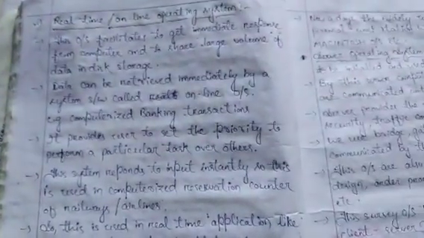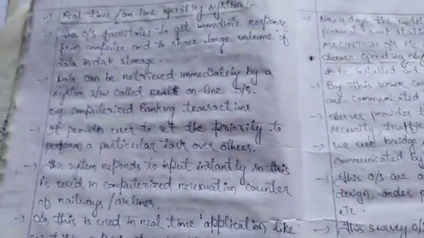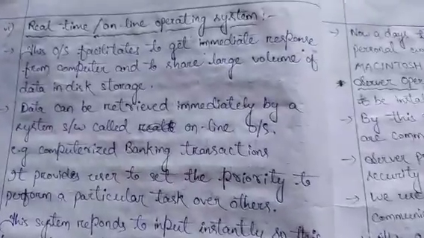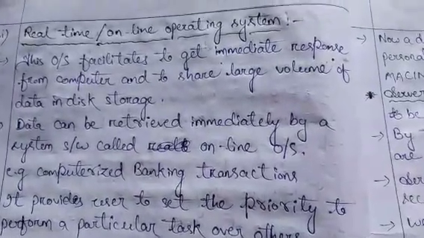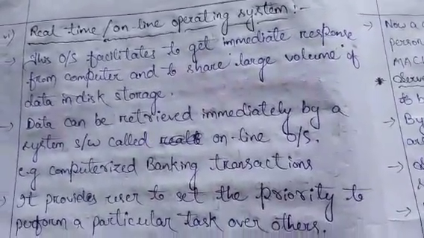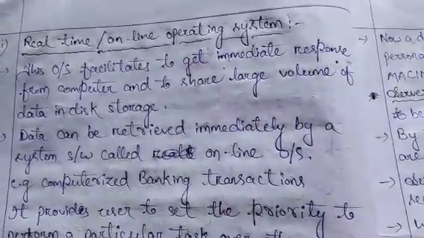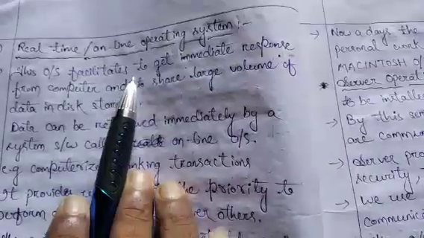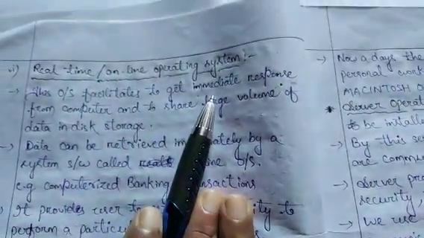Then we come to the real time or online operating system. Again, we will learn these operating systems deeply; today I am discussing them briefly. Look at this statement: this operating system facilitates getting an immediate response.